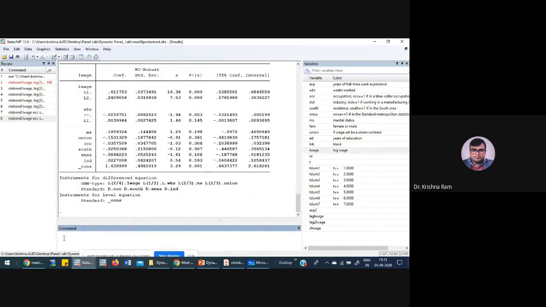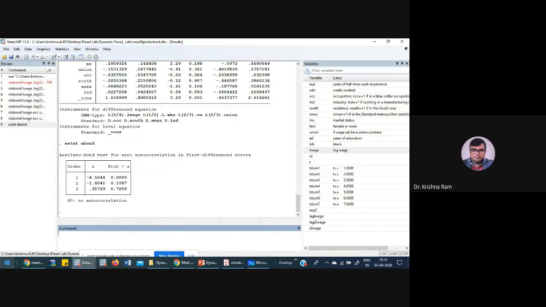Now let's move on to the tests. So first we do the test for autocorrelation, and for that, after running this regression equation, we just need to type estat abond, and this gives us the result of the autocorrelation diagnosis test.